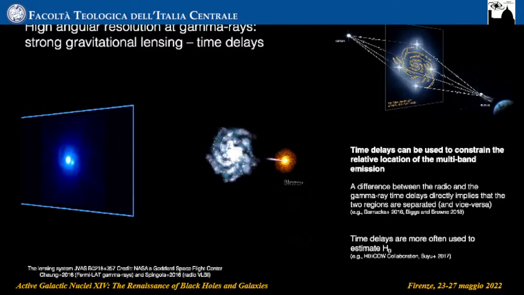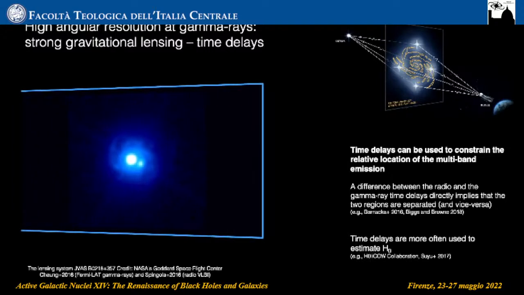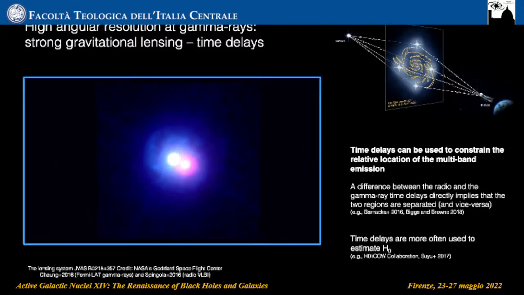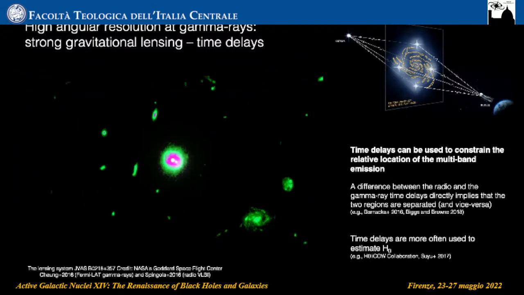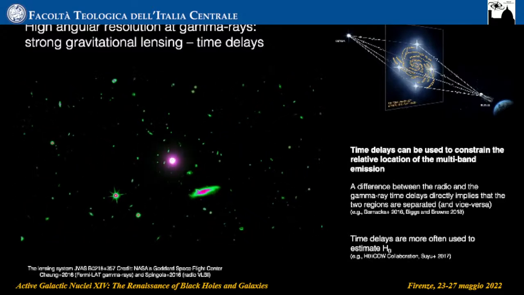So if we have a background source like a blazar that is variable, and between us and this background source there is a concentration of mass, for instance a galaxy, then the light coming from this blazar is deflected and magnified into multiple images of the same source. So any variability coming from this source will appear at different times in the two lensed images, and this is simply because of the different path length of the light rays.